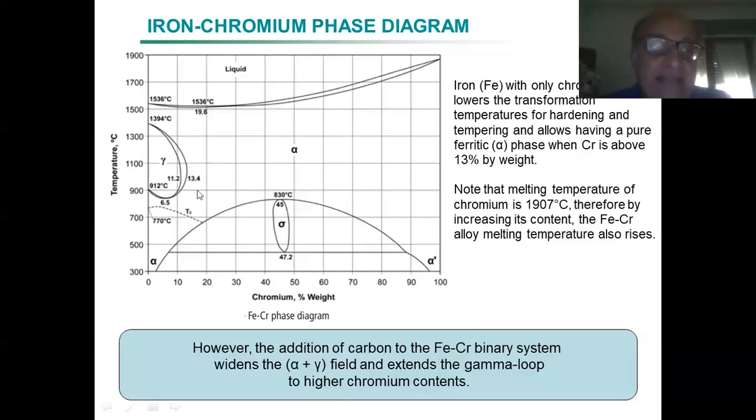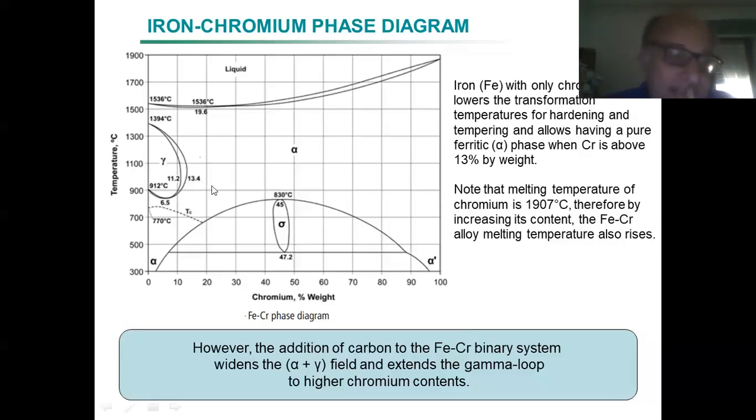In reality, the range we are using in chromium is between 18 and 27% in most cases, because we are a little bit far from the gamma area and a little bit far from the sigma area, if we want a ferritic steel.